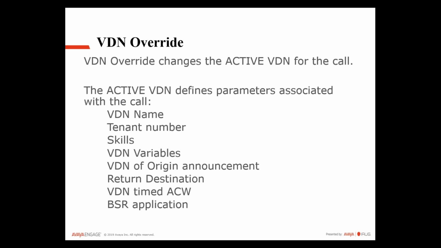I just knew if I changed it from one to the other, sometimes things would work and sometimes things wouldn't work. So with the variables, because you are passing from one VDN to another, it's really important to get your override rules correct. So we'll spend a little time kind of hammering away on VDN override.